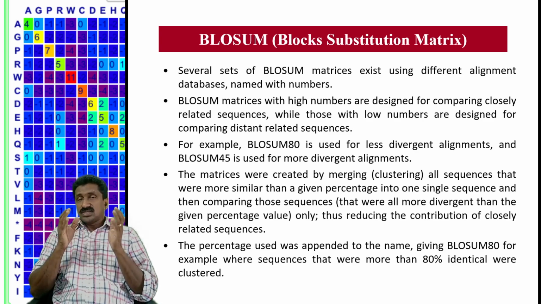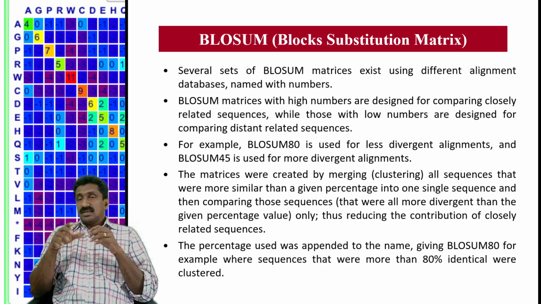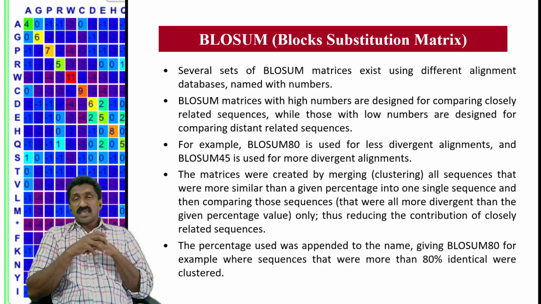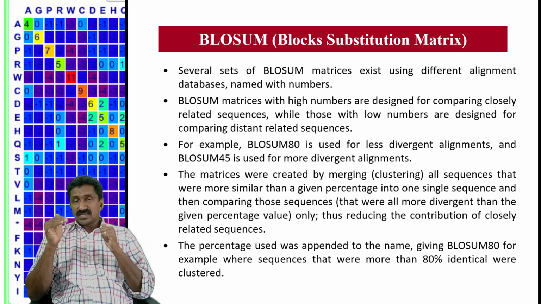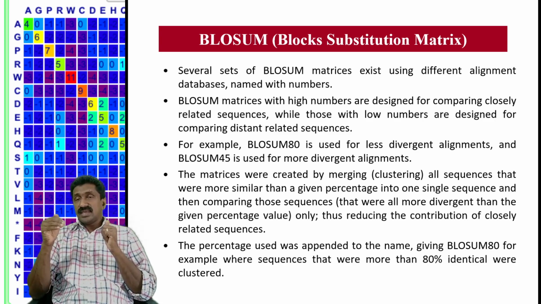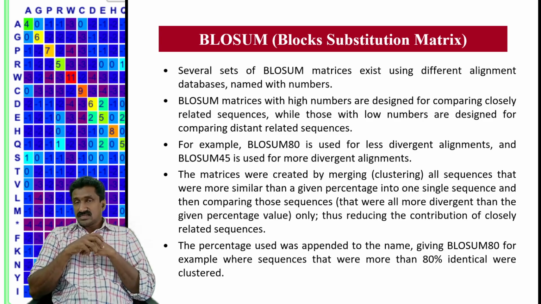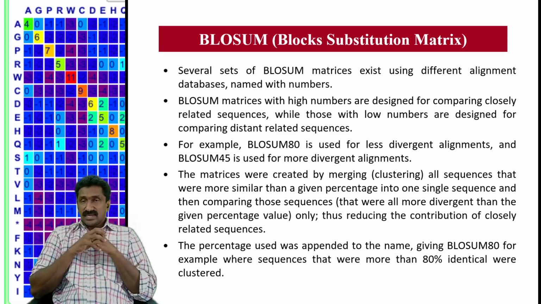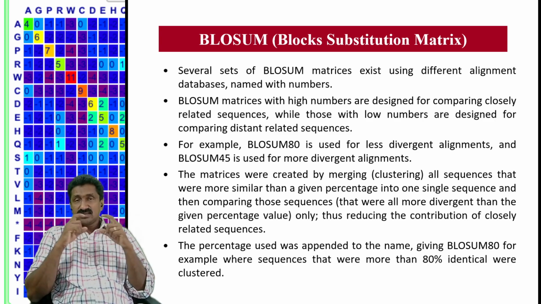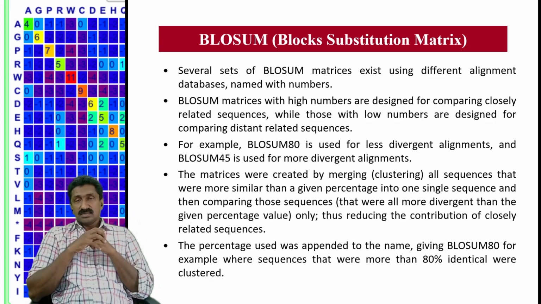The percentage used was appended to the name. For example, in BLOSUM 80, sequences that were more than 80% identical were clustered. So the BLOSUM 80 matrix is generated by comparing sequences of more than 80% identity, whereas the BLOSUM 90 matrix is generated by comparing the blocks of sequences with more than 90% similarity.